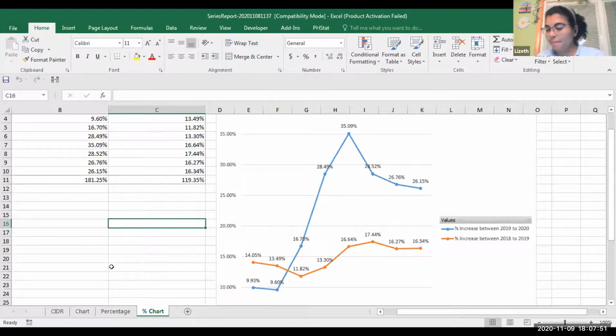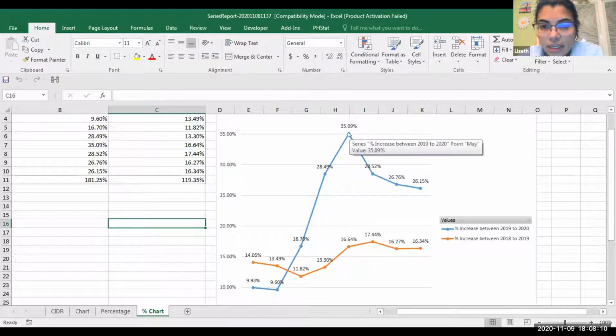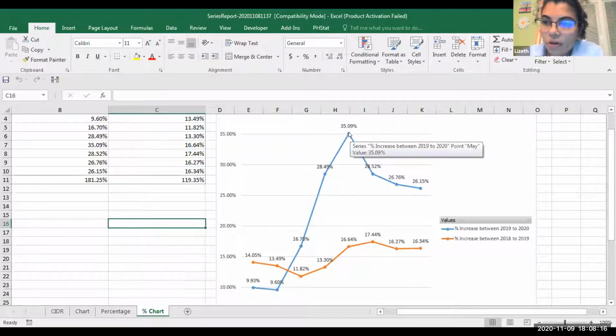And then how can you explain that the blue line was 35%, but later it decreased? Can you explain why? I believe that until here, many states were still under a stay-at-home order.